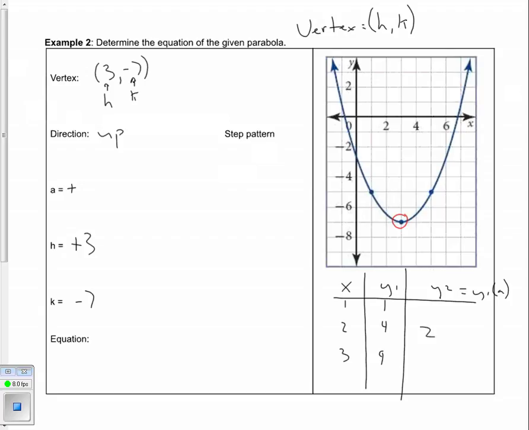Okay, if we go over 3, or sorry, over 4, it's gone up by 1, 2, 3, 4, 5, 6, 7, 8. So there's another one. So if it goes over 4, it goes up 8. Normally it'd be 16.